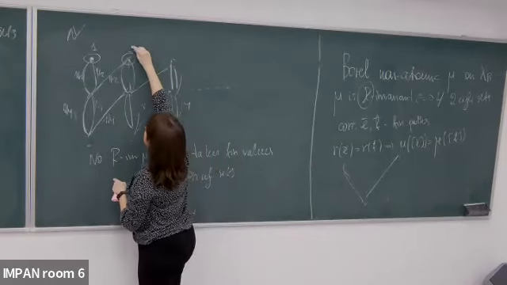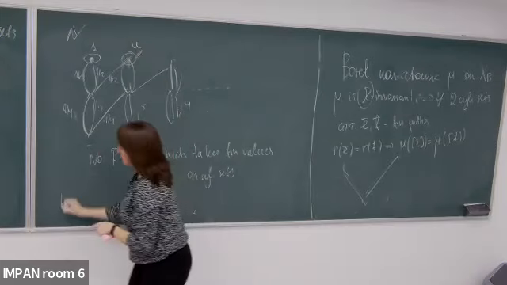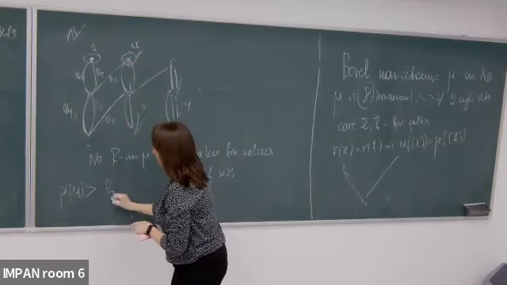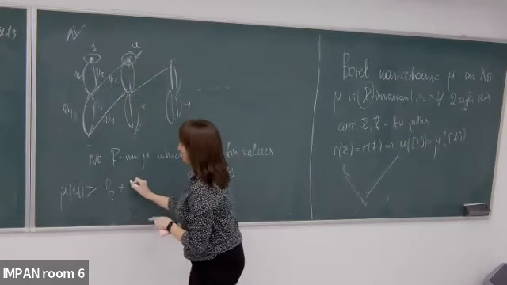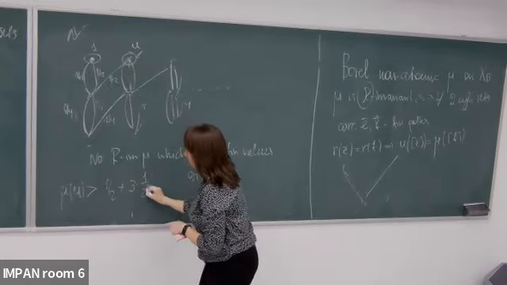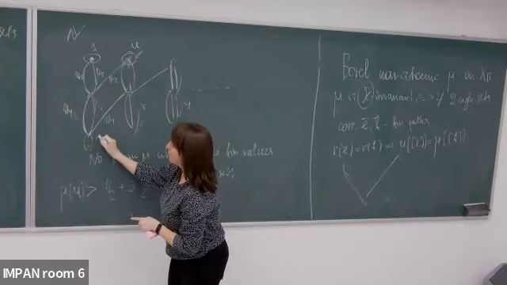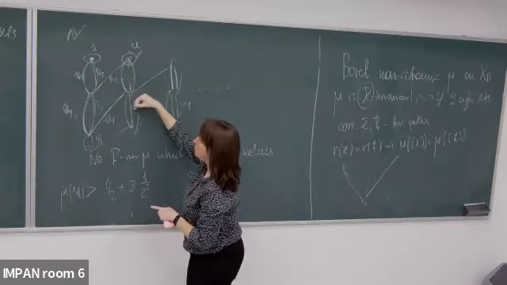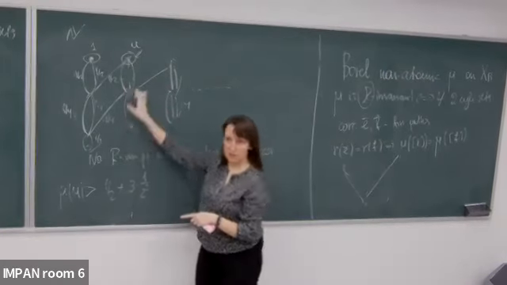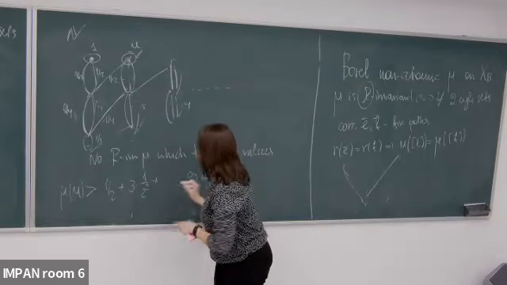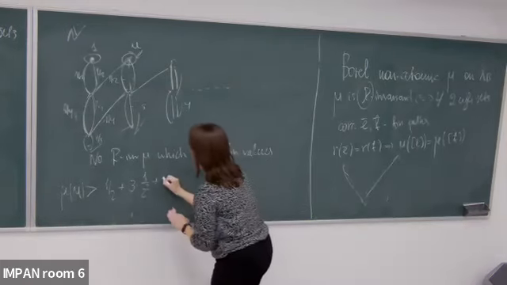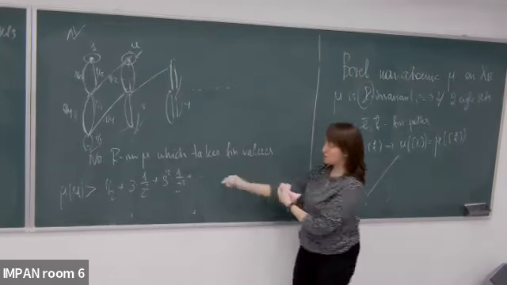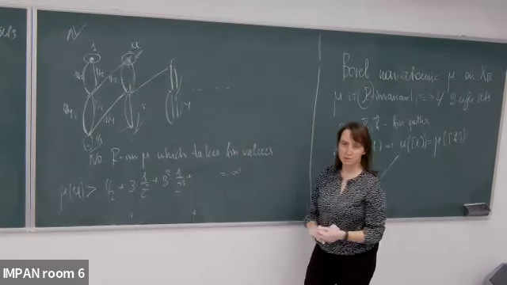Let's denote this cylinder set by U. Then the measure of U is bigger than 1/2 plus 3 times 1/2 squared. Then we go one level down, we have 1/8, and here we have 3 squared possibilities, plus 3 squared times 1/2, plus so on, and this is infinite.